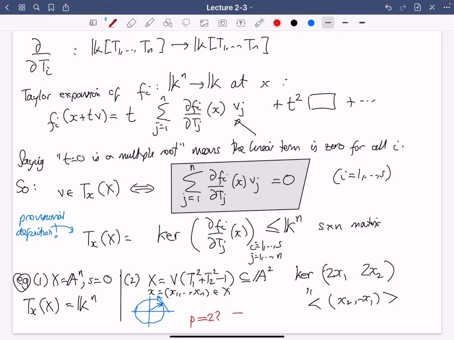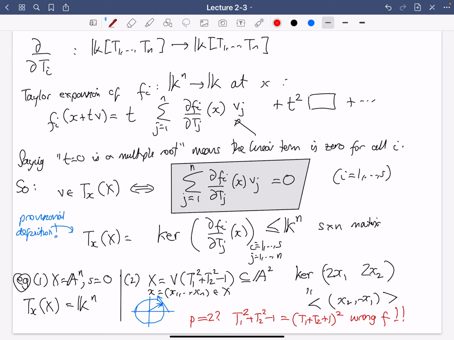Well, in p equals 2, this polynomial that I wrote down is actually (t1 + t2 + 1) squared, and so I actually took the wrong f here, because you've got to take the f's that generate the ideal of X, and in this case the f I wrote down doesn't generate the radical ideal.